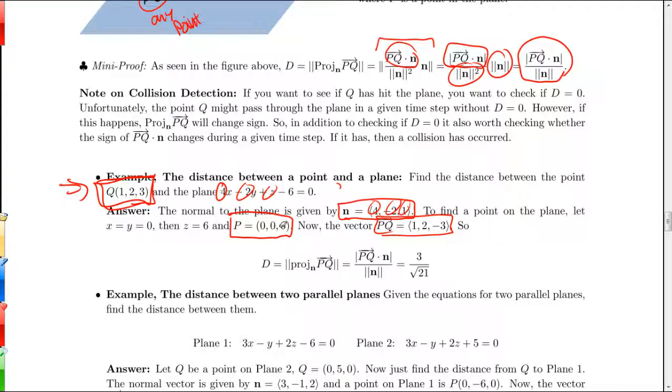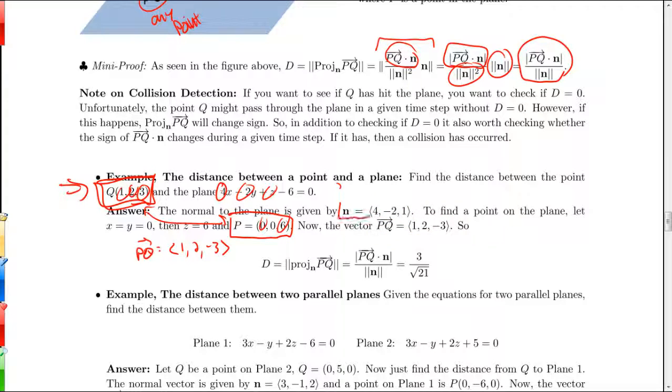So the first thing I have to do is subtract Q from P. So PQ is actually 1 minus 0, 1 minus 0, 2 minus 0, 3 minus 6, which is -3. So there, now I have PQ, and I dot that with N.